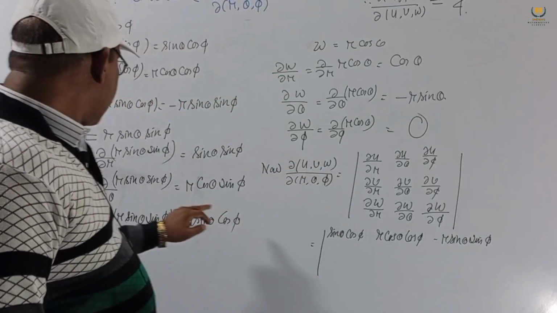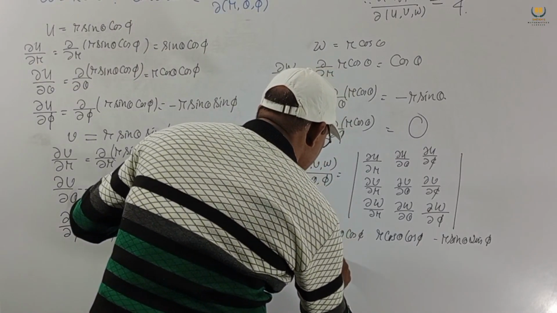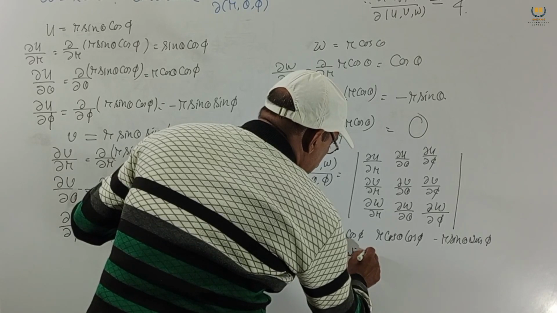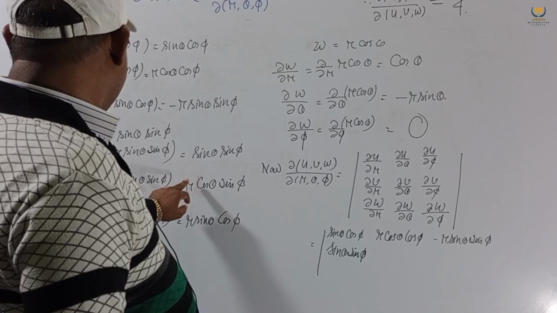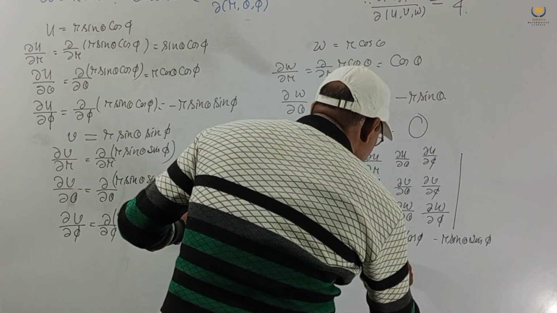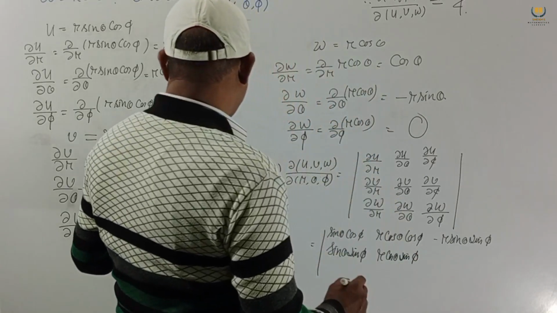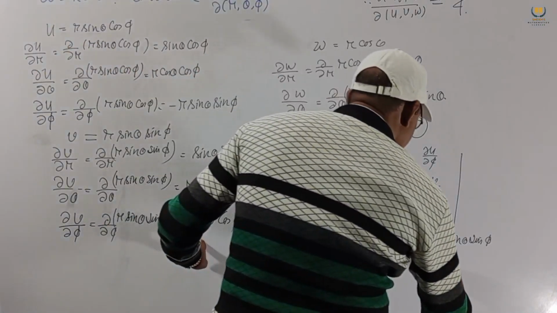Next, del v del r is sin theta sin phi, del v del theta is r cos theta sin phi, and del v del phi is r sin theta cos phi.